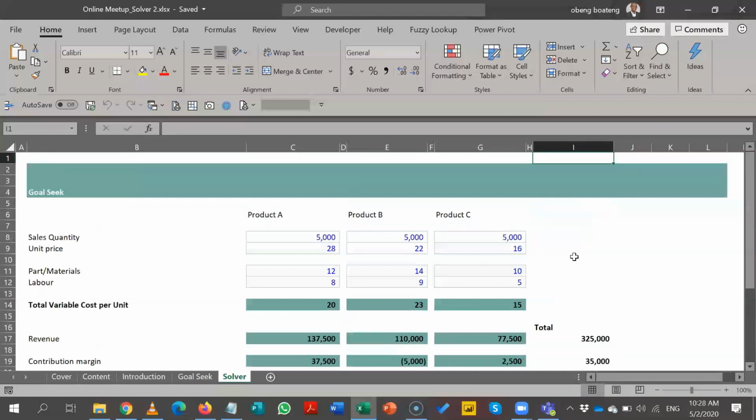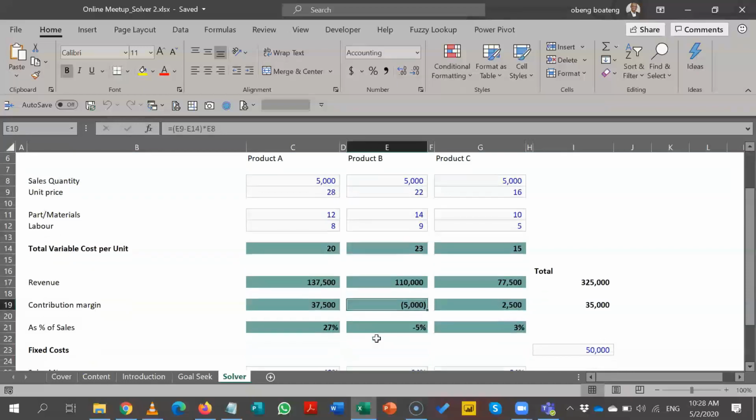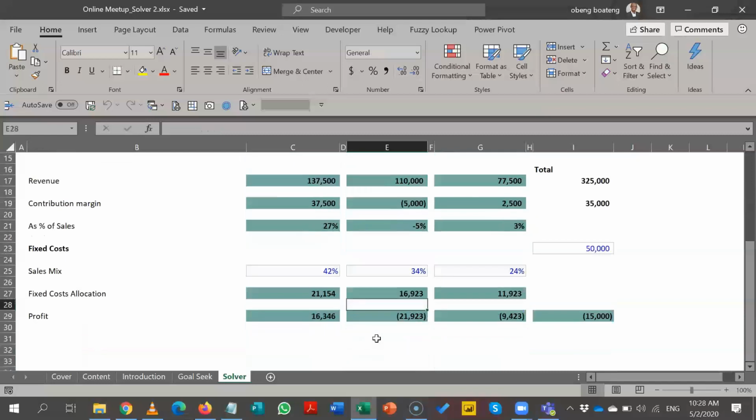But unlike the first one, we are dealing with 3 products now, each with their unit price, material cost, labor cost, total variable cost per unit, revenue, and contribution margin. At this point, we are not turning a profit, so we need to calculate break even where all the profit is 0.